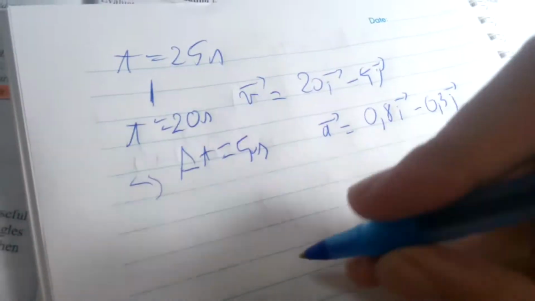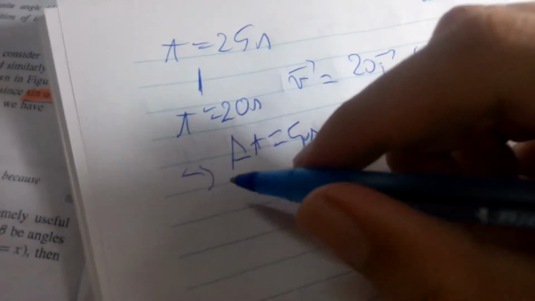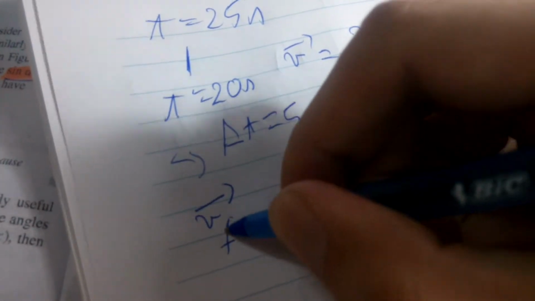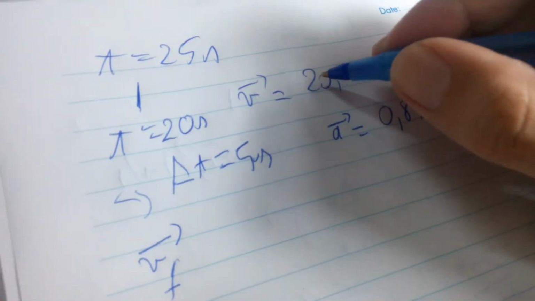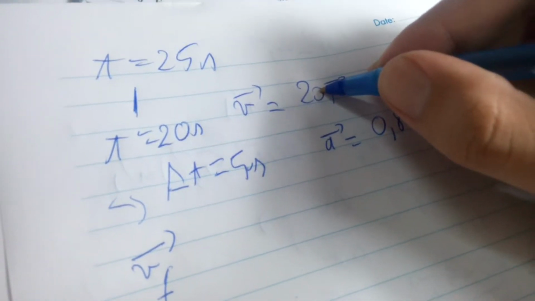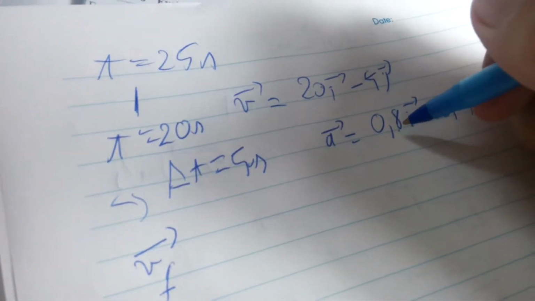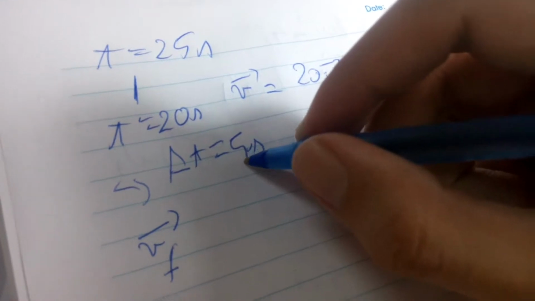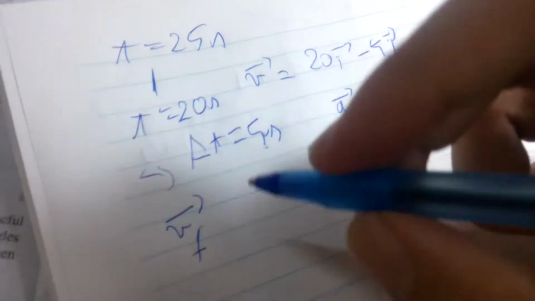Here is the part where we need to be a little bit smart. The velocity we're looking for requires us to use the previous velocity plus the acceleration multiplied by delta t.